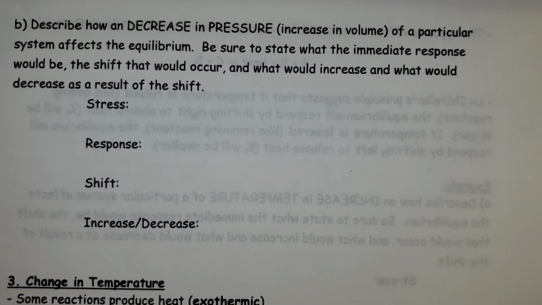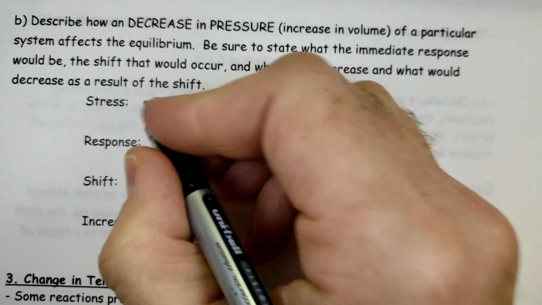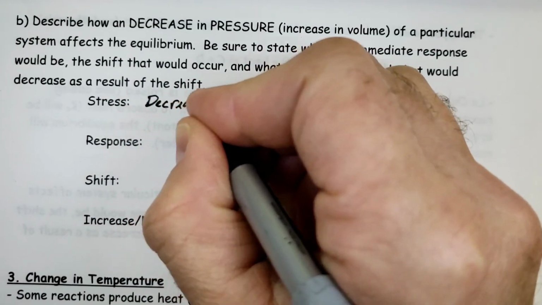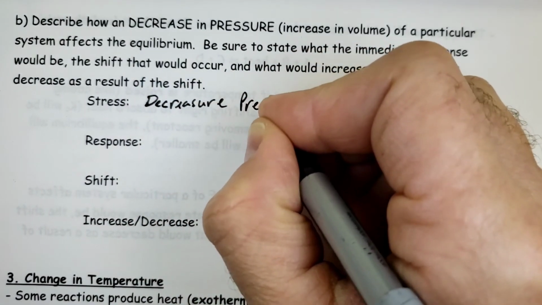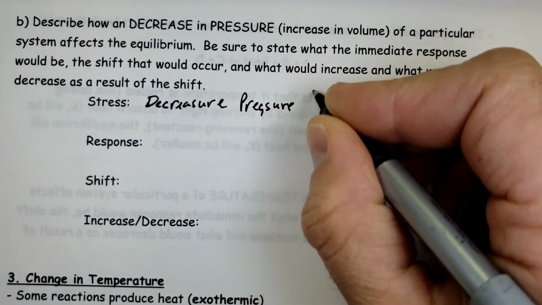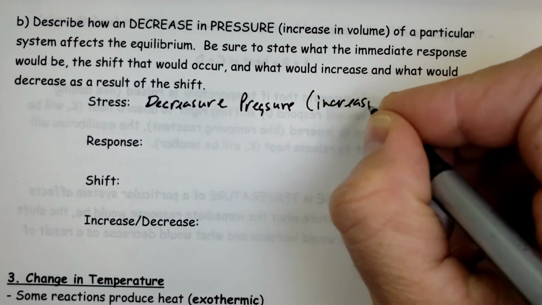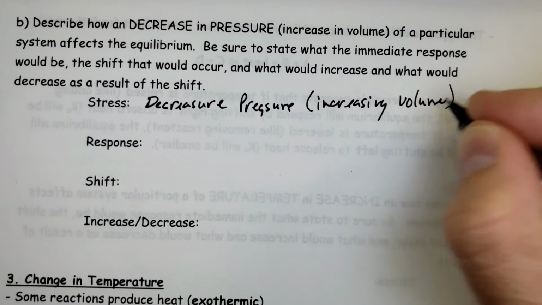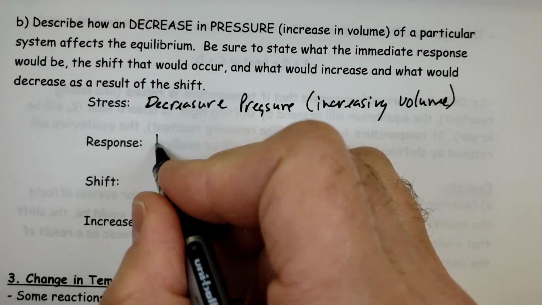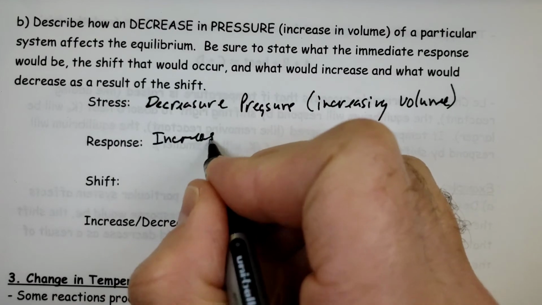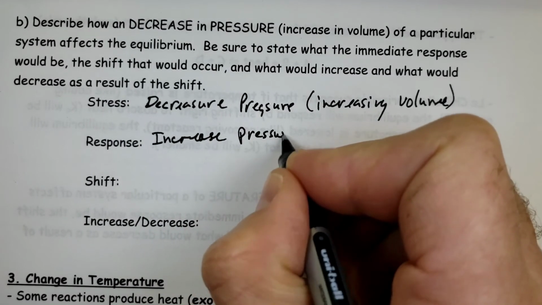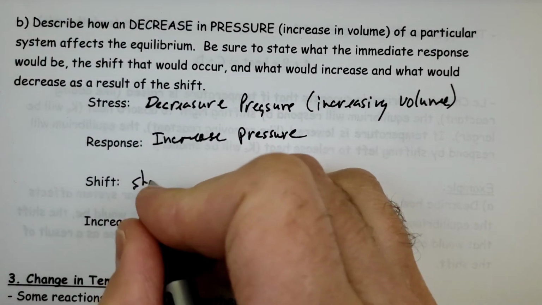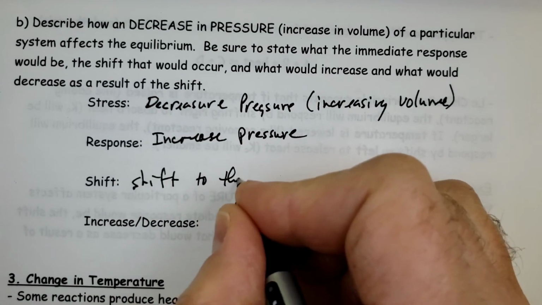All right, so what about vice versa? So decreased pressure, what would happen? So if the stress was to decrease pressure, and of course that is accomplished physically by increasing volume, increasing the amount of space the container takes up, the response will be to try to increase pressure again, slightly. So to do that, shift to the side.